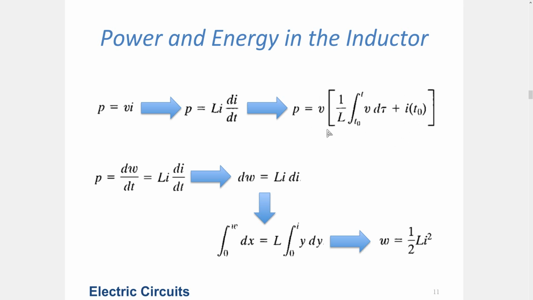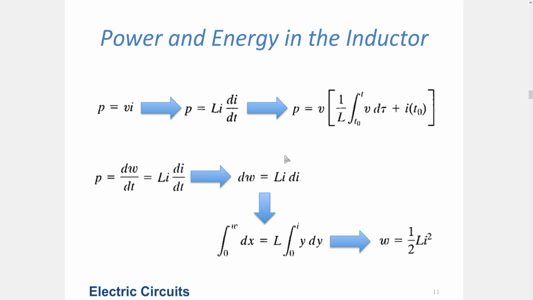For the energy, we know that power is defined as the energy or the work done per unit time. So we can define the power as dw over dt. If we substitute our power relationship that we have found here, we can simply get rid of the dt's, and we obtain a relationship like dw equals L i times di.